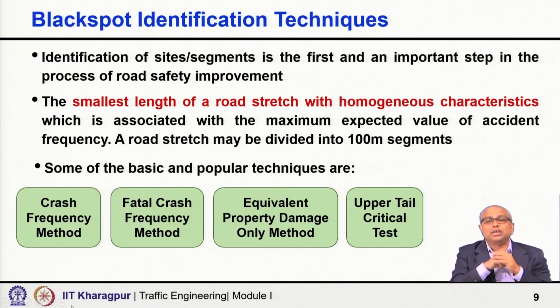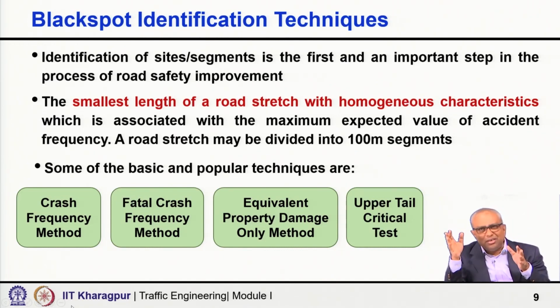So, we need to identify those segments, and unless we identify them correctly, our treatments and the overall investment will not be able to get the maximum benefit out of the investment. We look for the smallest length of a road stretch with homogeneous characteristics which is associated with the maximum expected value of accident frequency, and for doing that we can divide the road stretch into small segments.